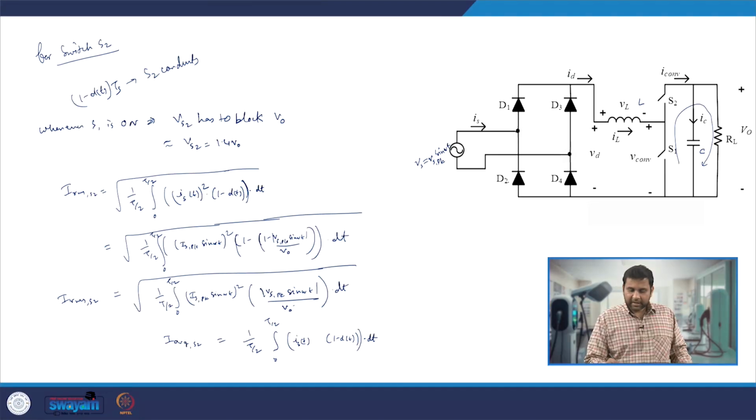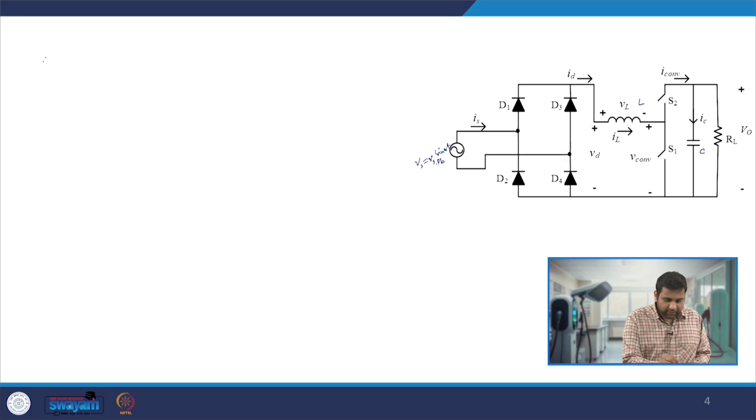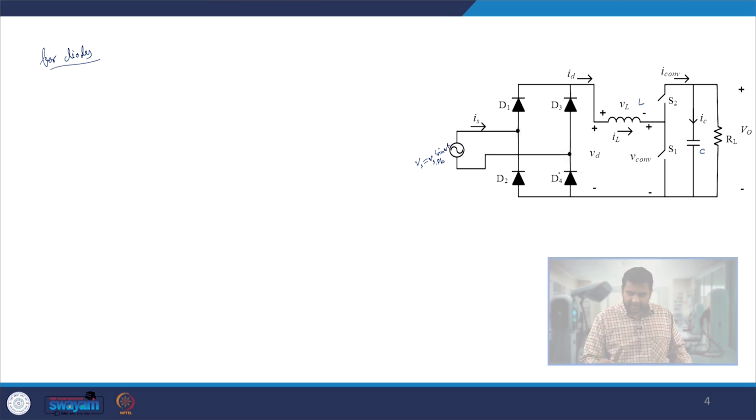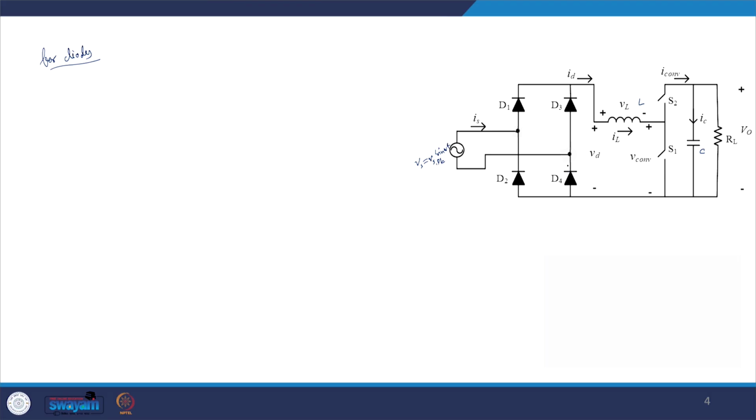Now let us evaluate what diode rating one needs to select. Let me take the diodes, and if we look very carefully, these diodes have the same functionality as in the full bridge diode rectifier, where D1 and D4 are forward biased during the positive half cycle and D2 and D3 are forward biased during the negative half cycle.